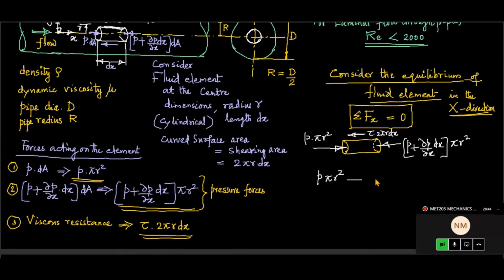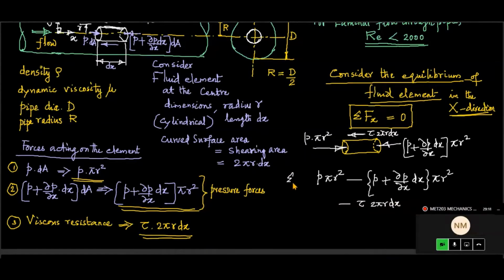Then the other one is negative: P plus dou P by dou x into dx, within a bracket, into the area pi r squared. And then one more force, the shear resistance all around the curved surface. That is shear stress tau multiplied by 2 pi r dx. And this is sigma Fx.